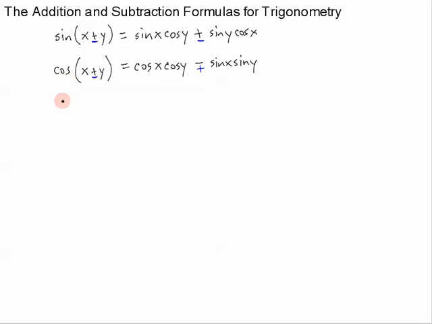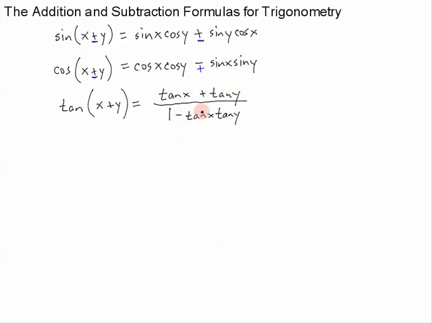Okay, finally we have the tangent of x plus y. Tangent is a little more complex. You end up with tangent of x plus tangent of y. So notice if it's a plus here, it's a plus here, over 1 minus tangent of x times tangent of y.